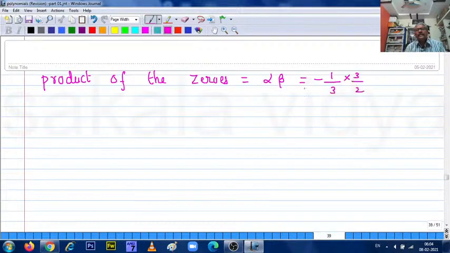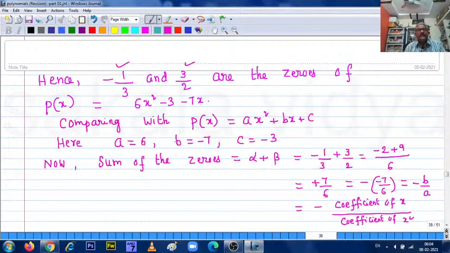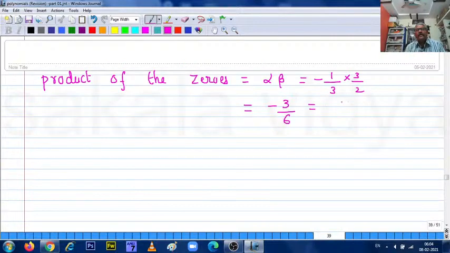Don't get it cancelled, you write down minus 3 upon 6, no problem. So go back. What is minus 3? See, minus 3 is the constant term. See, this 6 is a. So this we can write c upon a. So c is nothing but the constant term, upon a, which is nothing but the coefficient of x square.